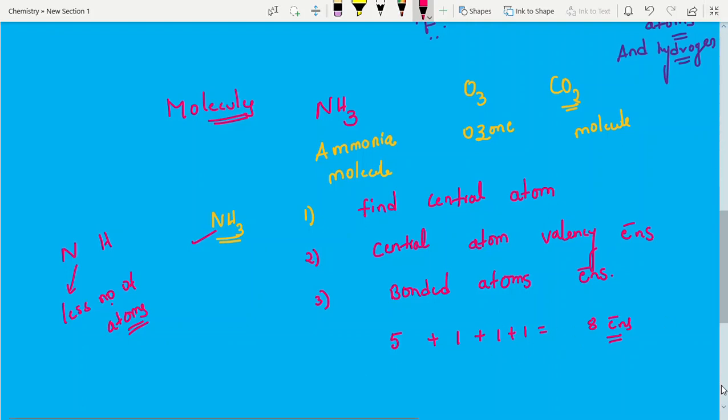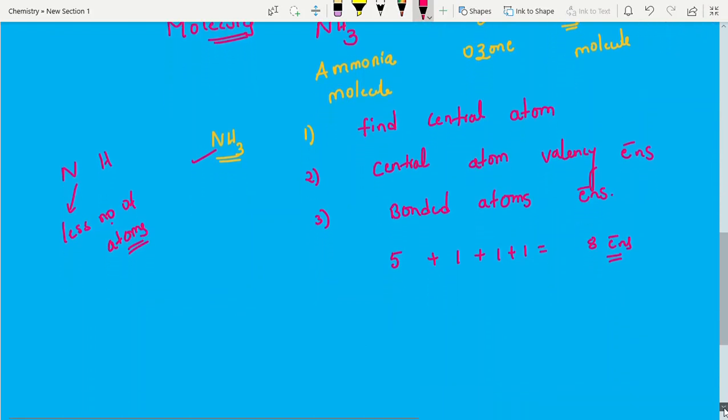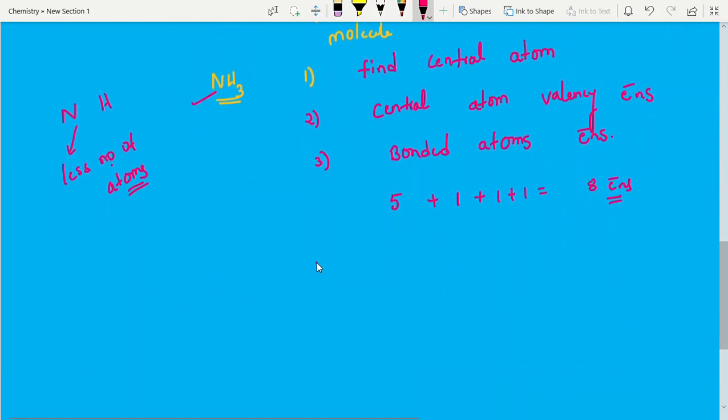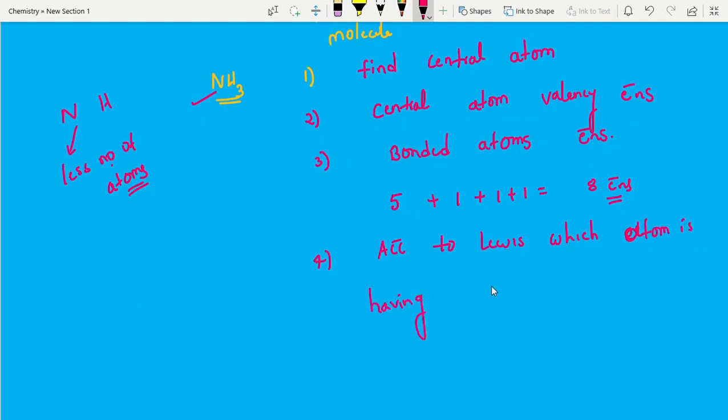So these 8 electrons, according to another rule, the fourth one is, according to Lewis, which atom or which element is having 8 electrons in the valency shell, that is stable.